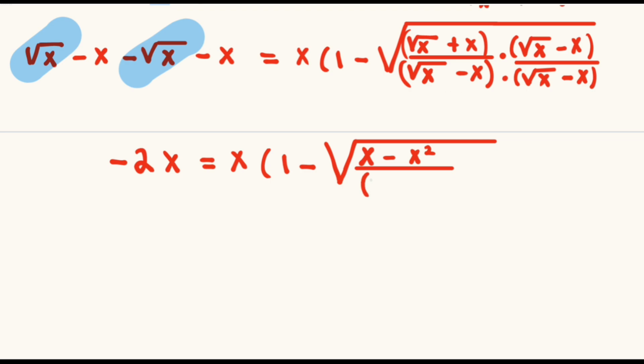So we have two like terms which are multiplying each other. So we have the square root of x minus x squared, and we already defined that x is not equal to 0.